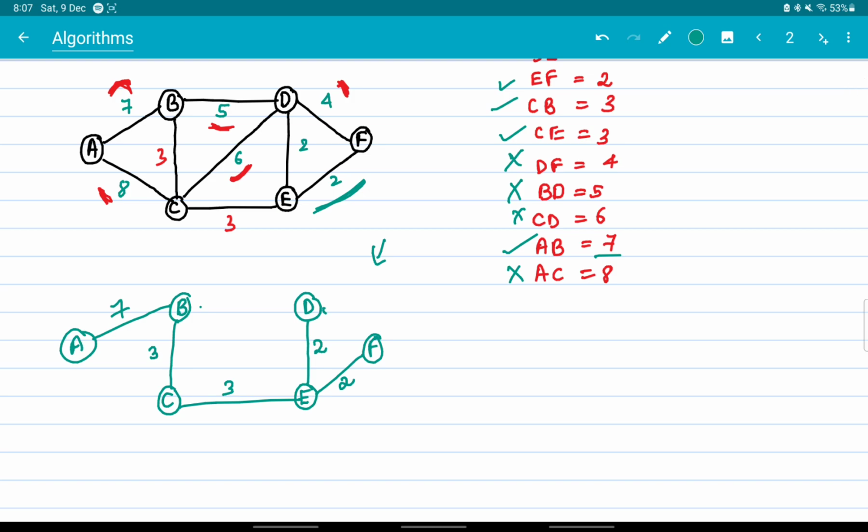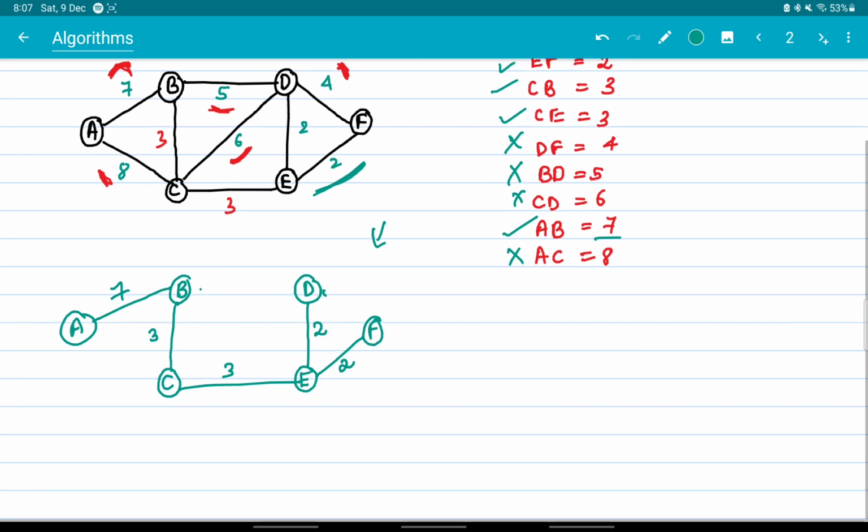Now there are certain rules for this minimum spanning tree. What are those rules? The first thing is you can write this graph as G of V comma E, where V is the total number of vertices and E is the total number of edges.